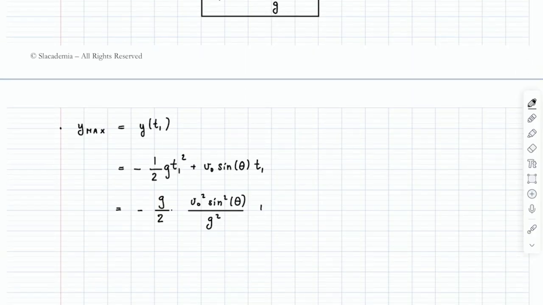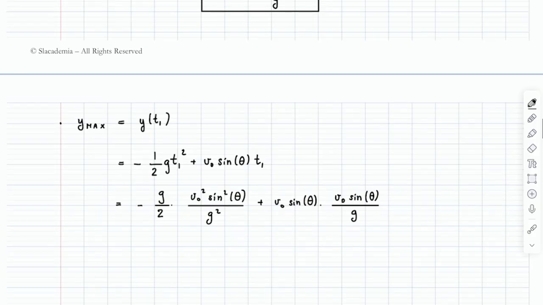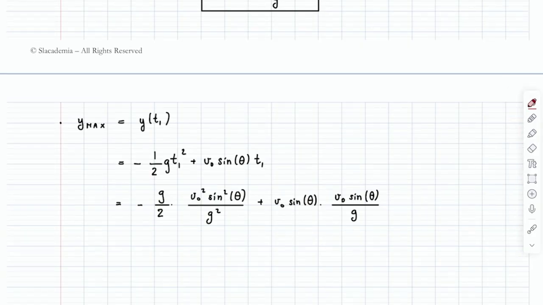And then plus v naught sine theta multiplied by t1, which is v naught sine theta over g. Okay, so this is going to clean up nice, actually. We're going to get g is going to cancel the squared. I'm going to get minus 1/2 of v naught squared sine squared theta. This is going to be v naught squared sine squared theta.